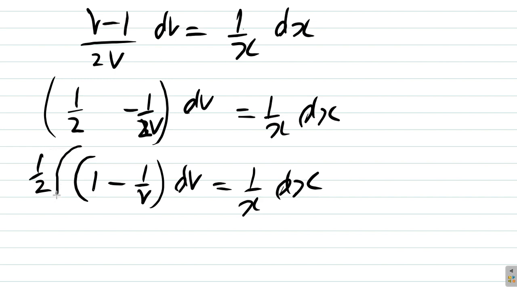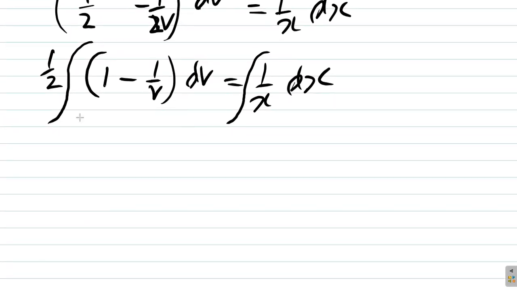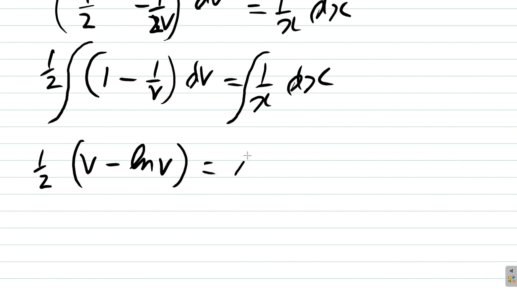We can put the half outside the integral sign. Integrate. So when I integrate this, let me write the half from now before I forget it. Integral of 1 with respect to V is just V minus integral of 1 over V dV is ln V. Alright, equals ln x plus c.